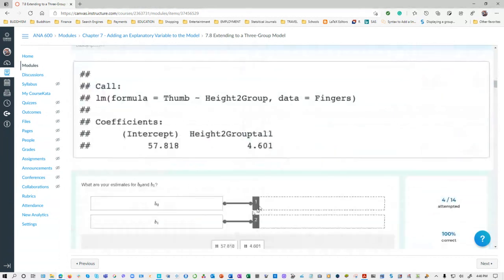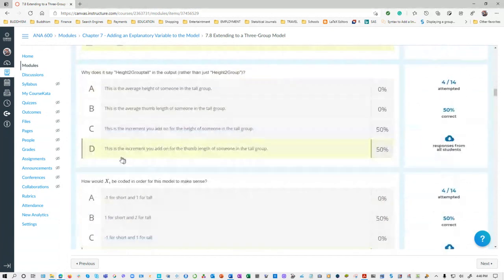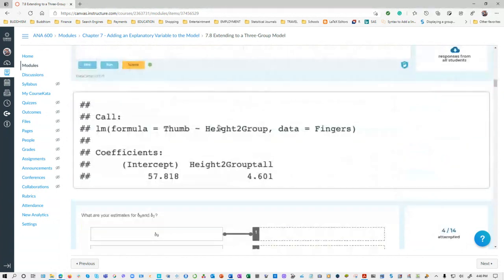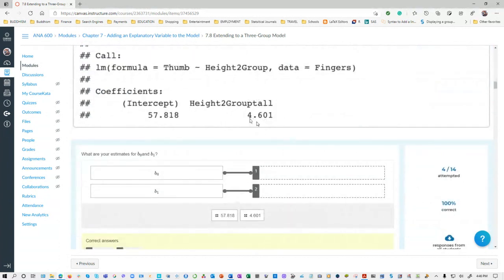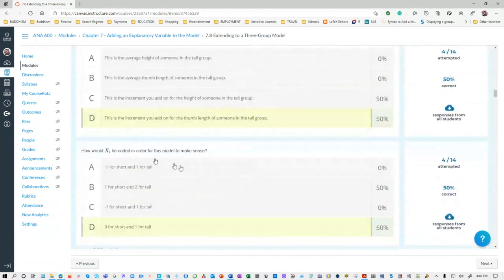You have to add this much for someone in the tall group to get from the people in the short group. That's the increment you add on to the thumb length. If you have a thumb length in the tall group, it is added this much to the short people.